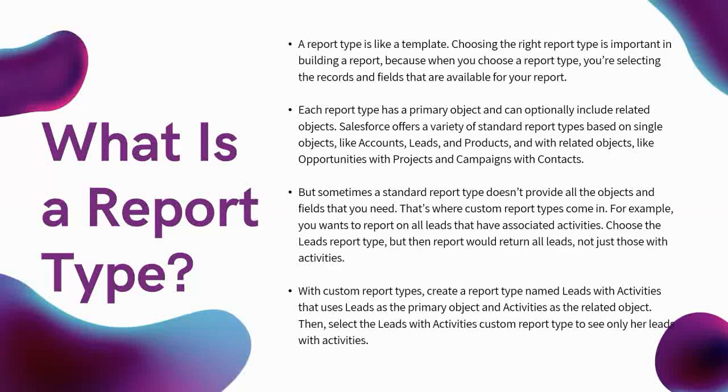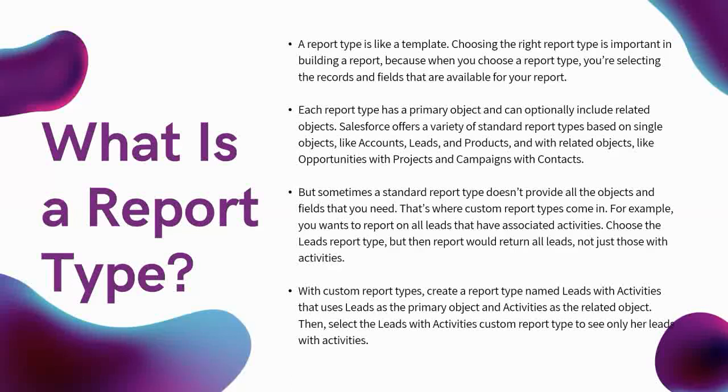Each report type has a primary object and can optionally include related objects. So if you are creating a particular report type, the primary object can be account, contact, anything.